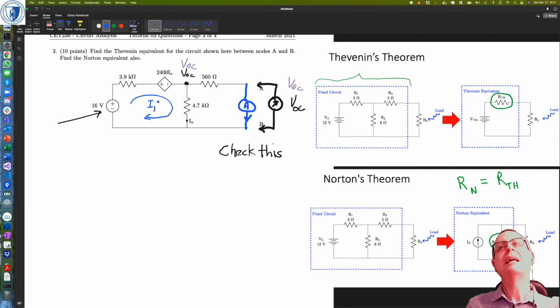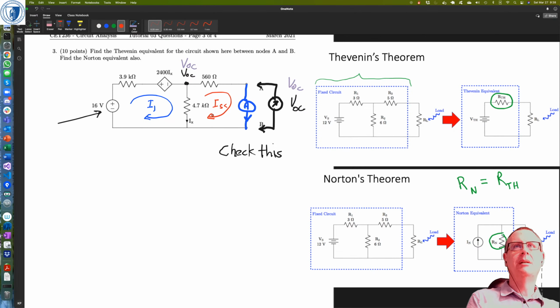The reason I'm not labeling this as IX is because we also need to solve when there is current flowing through that 560 ohm resistor, and that's when the short circuit current here is either ISC or I2. I'll call it ISC because it's the same. Okay, so that is at least an attempt to start.